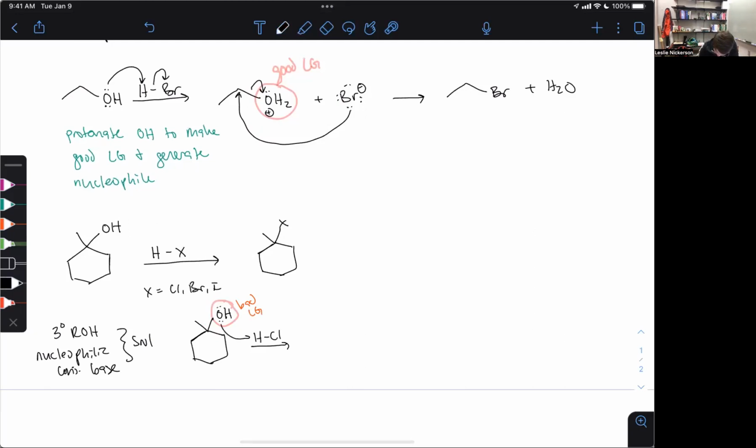Protonation is the easiest way to turn an alcohol into a good leaving group. Once it's positively charged, now we've got a good leaving group. And now we can go through an SN1 mechanism and just have that pop off.